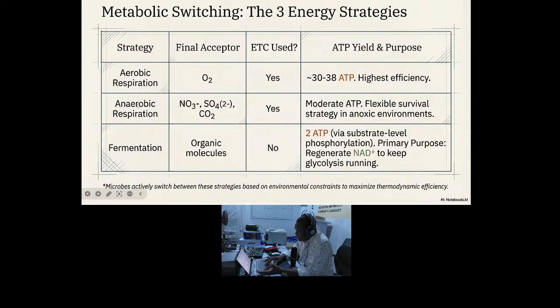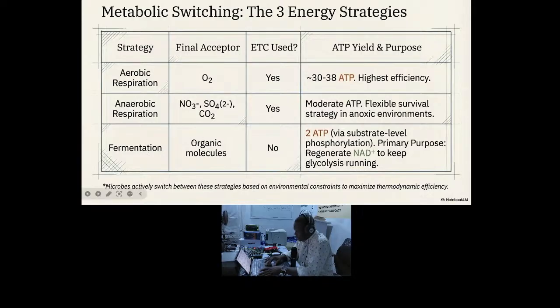In aerobic respiration, we just generate moderate ATP, sometimes between 4 and 6 ATP. If that is what they need, they will go through anaerobic respiration and fermentation as well. That is when the energy currency they need is not too much, so they will prefer fermentation in terms of their respiration.